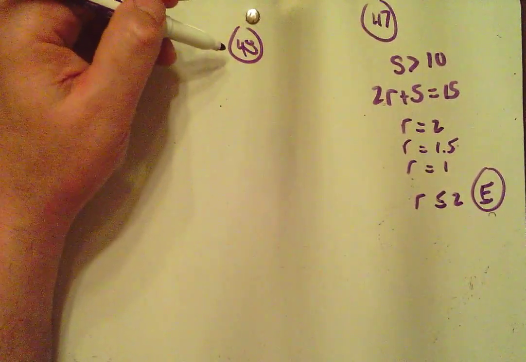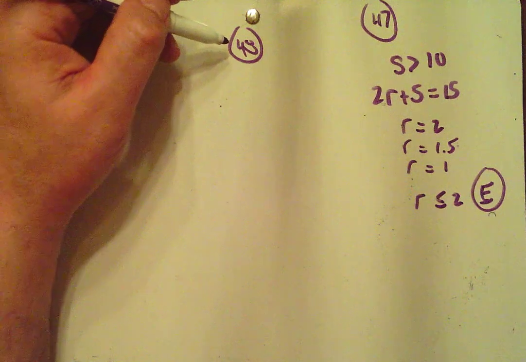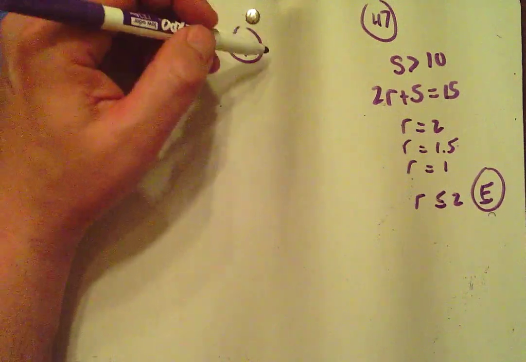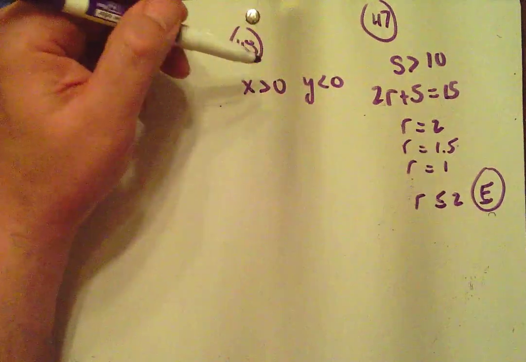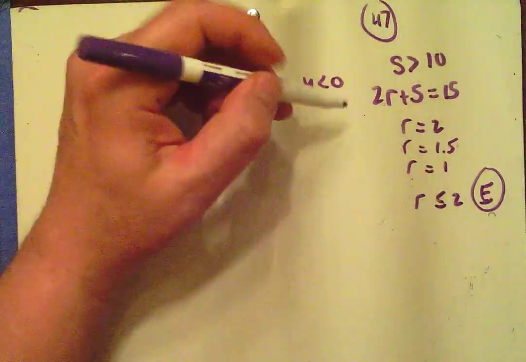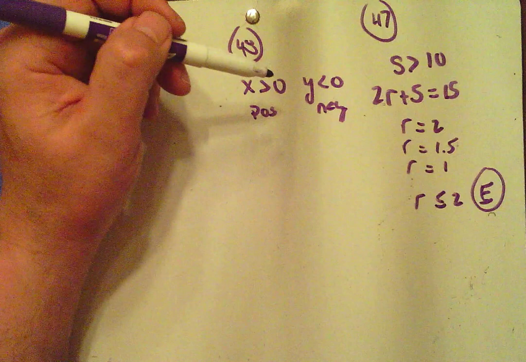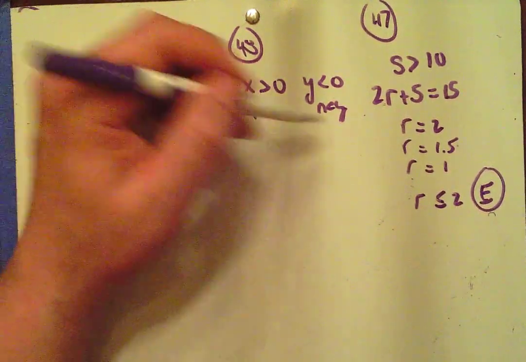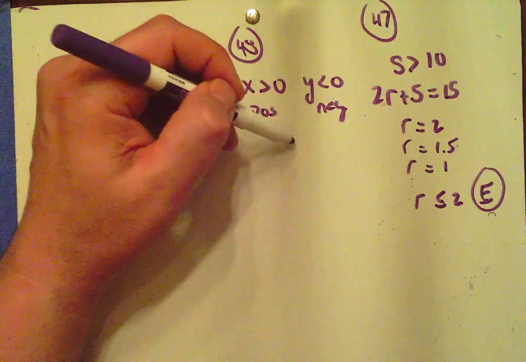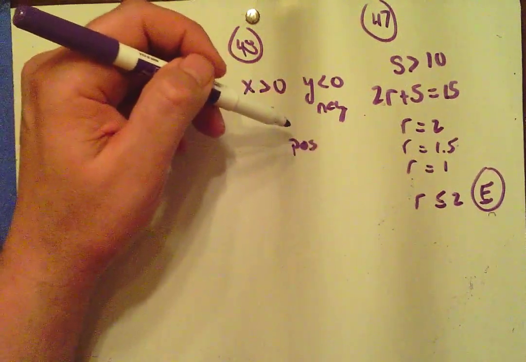48. Which of the following has a positive value for x and y given that x is greater than 0 and y is less than 0? So we know x is positive and y is negative, but we want the result of whatever we're doing with x and y to be positive.